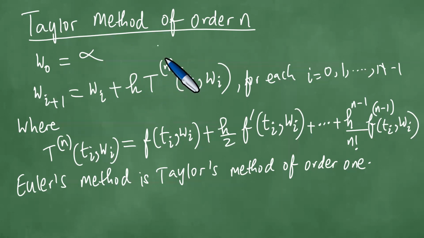But with Taylor, we can take higher order derivatives, so we can estimate second order differential equations, third order differential equations, and so on. So Taylor is more general. In the end, Euler's method is Taylor's method of order 1.